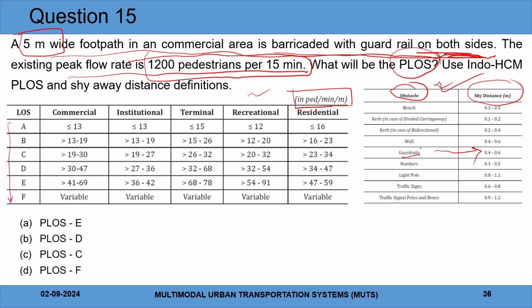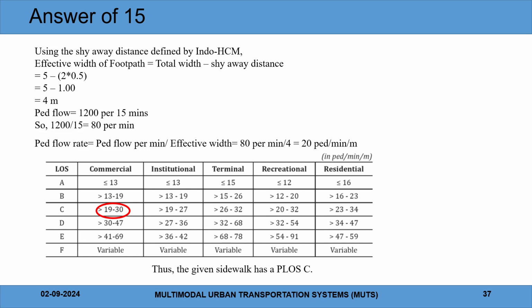If it is guardrail on both sides, then the value is 0.4 to 0.6. So we can take one value in between, let's say 0.5. We are taking the shy distance as 0.5 and it is on both sides, so multiplied by 2. The total width is 5 meters, so it will come as 4 meters effective width.